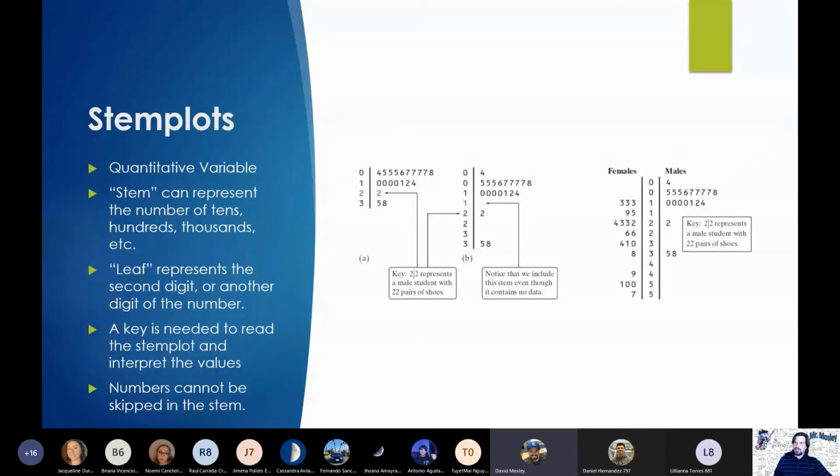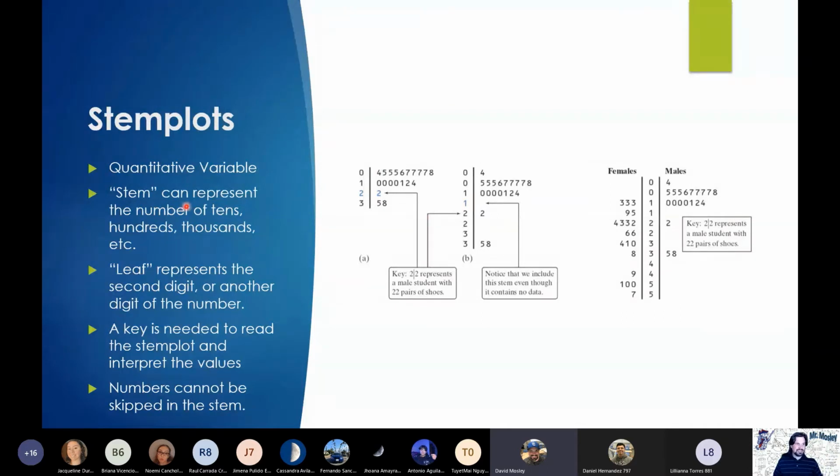All right, another common error that I saw, I think in the week 6 CYU, is with stem plots and skipping values in a stem plot. So a quick review on stem plots. Stem plots are used to show the distribution of a quantitative variable. We have numbers.